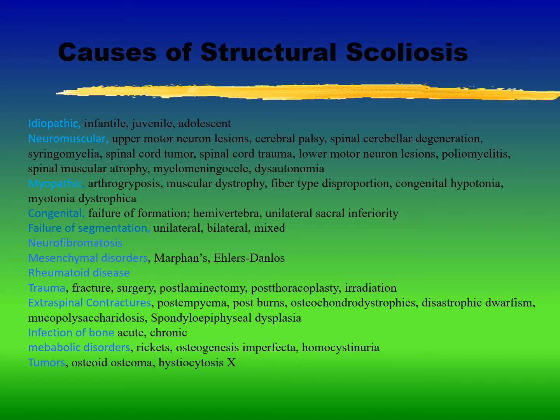The neuromuscular development of a scoliosis is not as common, but I have seen this in practice. The upper motor neuron lesion. We had a patient who had an automobile accident, and he had an upper motor neuron lesion. It was a brain injury, and his scoliosis developed with his spasticity well after the accident.